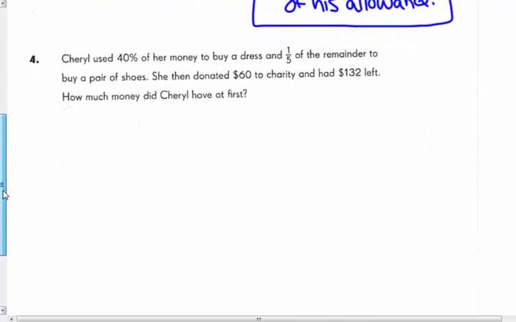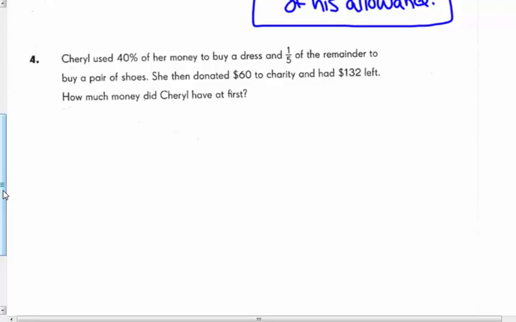So number 4, Cheryl used 40% of her money to buy a dress and a fifth of the remainder to buy a pair of shoes. She then donated $60 to charity and had $132 left. How much money did Cheryl have at first? Oh my gosh.